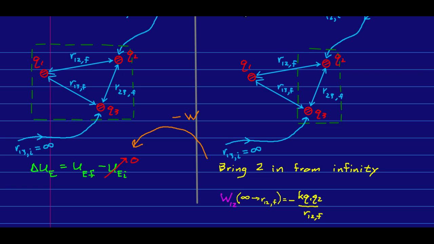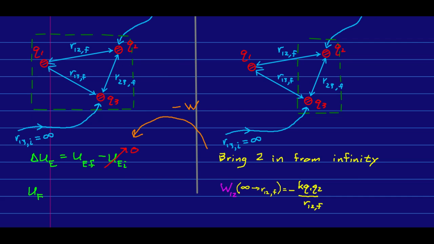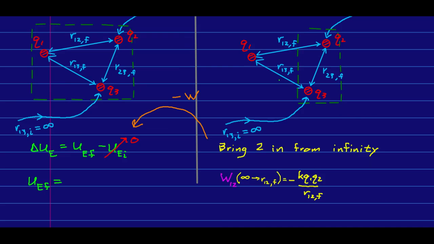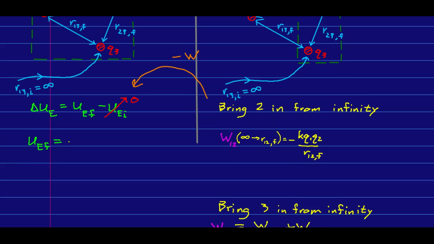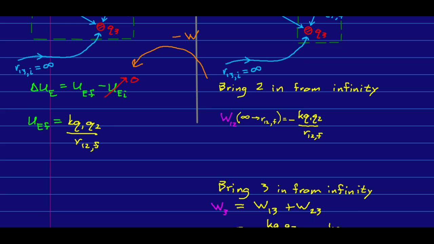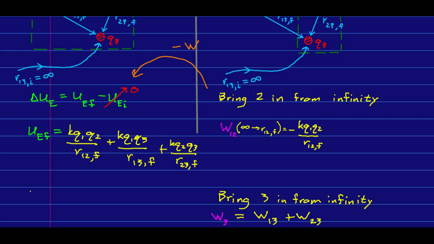And so we're just going to get our U_E final, which is the negative of the work that the electrostatic force did. And so it's just all of this same expression, but with positives instead of negatives. And so we see that all we have to do when we have more than 2 particles to get our total electrical energy, all we have to do is sum up all of the pairs of the individual electric potential energy expressions.